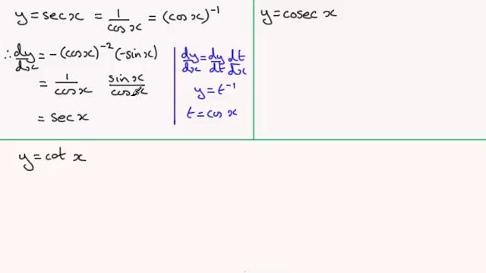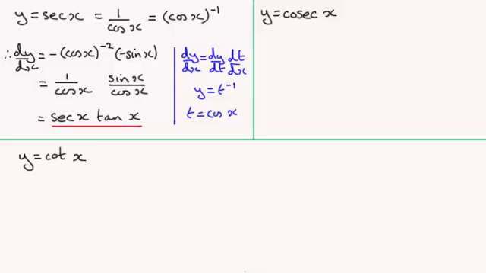And sine x over cos x, well, that's the same as tan x. And so this is a familiar result. You should find it in your formula book. Otherwise, just try and learn that one off. The differential of sec x with respect to x is sec x tan x. Let's just underline that as that result.